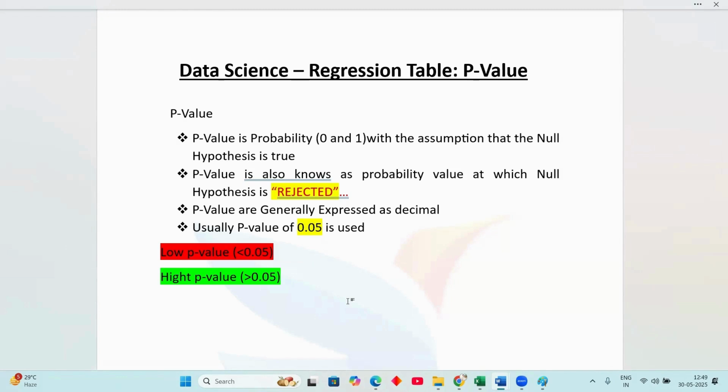A high p-value is also called an insignificant p-value. So we test whether the true value of the coefficient is equal to zero, which means no relationship. The statistical test for this is called hypothesis testing.